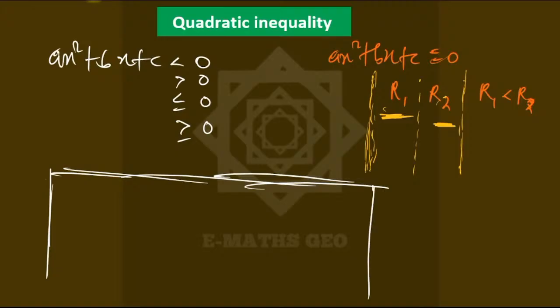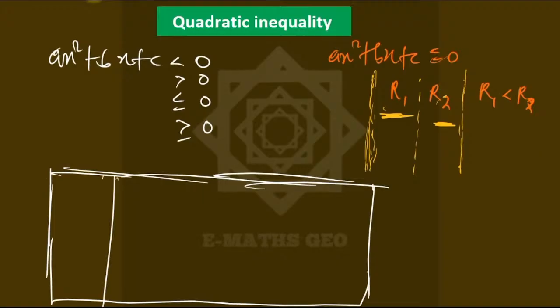So you prepare a table as I solve, such that the first column is the interval. We will have three intervals here.